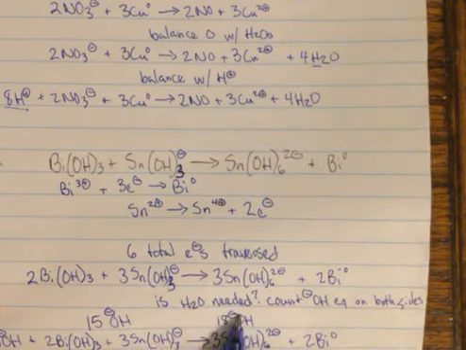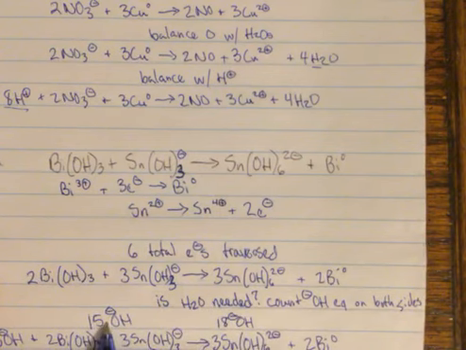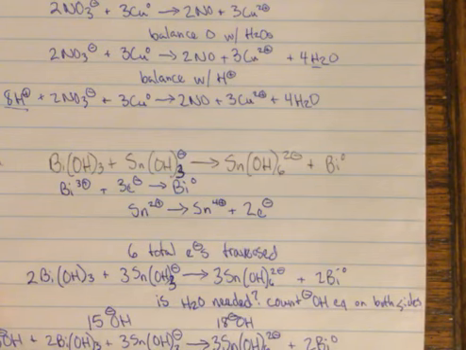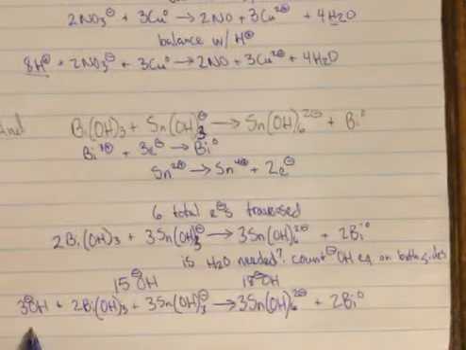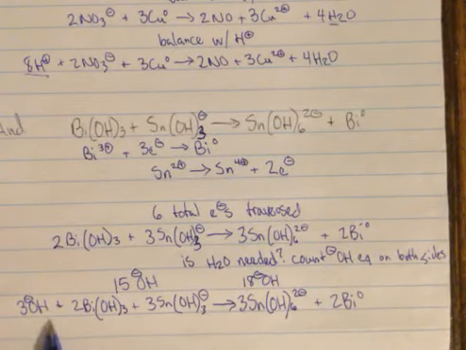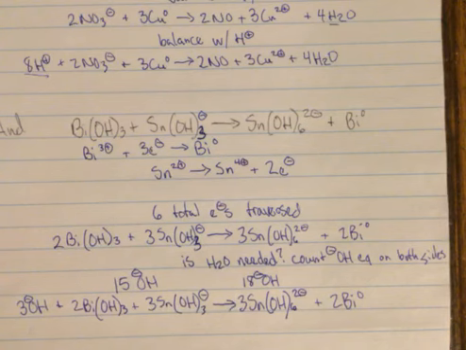So we have an inequality here: 15 OH equivalents and 18 on the product side. So we really need to just add a total of 3 OH minus equivalents, and everything is balanced out.